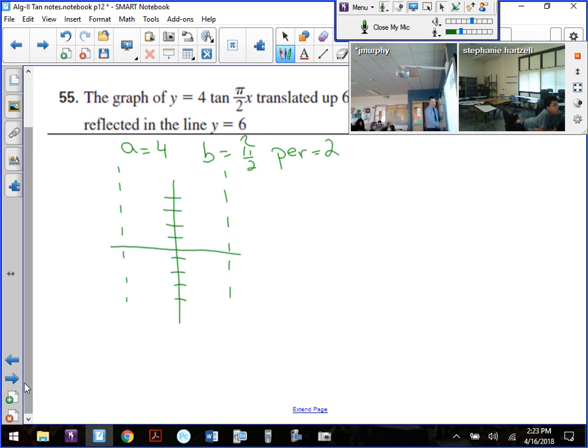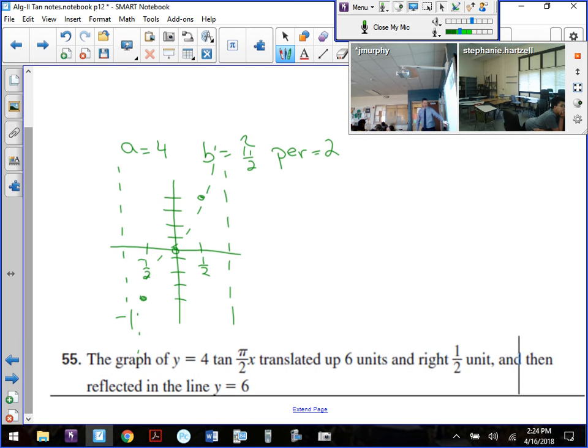So that's why we have it here at 1 and negative 1. Okay? What's halfway between 0 and 1? Half. Negative half. So this one was positive, so is this one increasing from left to right or decreasing from left to right? Increasing. Good. So we know that the graph would look like this for the parent function.